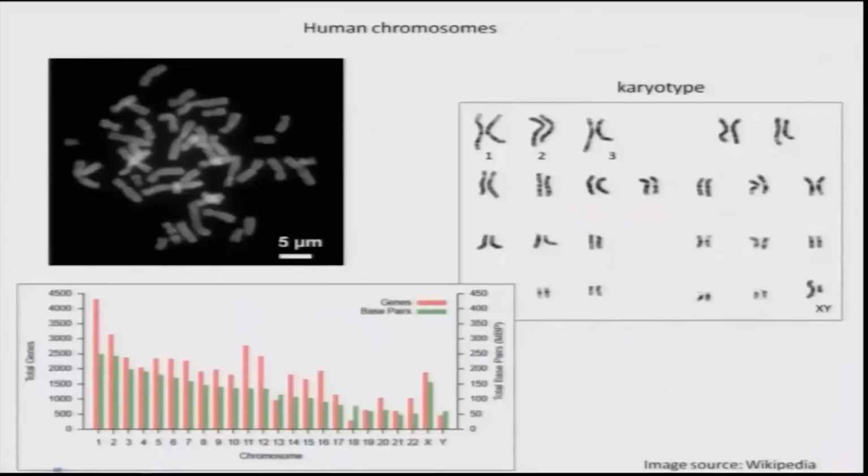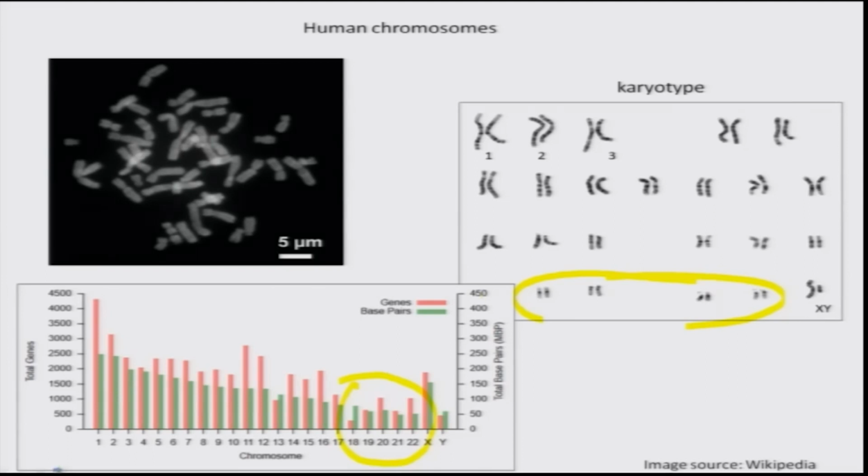A larger one will have a longer DNA and a smaller one would have a shorter DNA. As a result, the number of genes present in each chromosome varies, and that is shown in this bar diagram. You can see that chromosome 1 has a large number of genes, and chromosome 22, or the chromosomes that belong to this group over here, have fewer genes, which is expected.